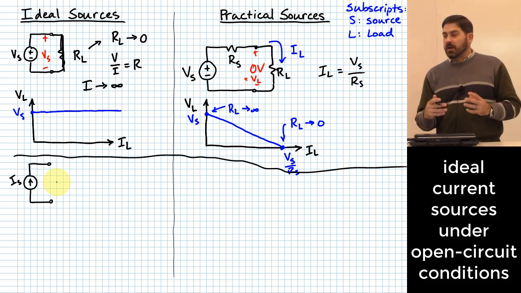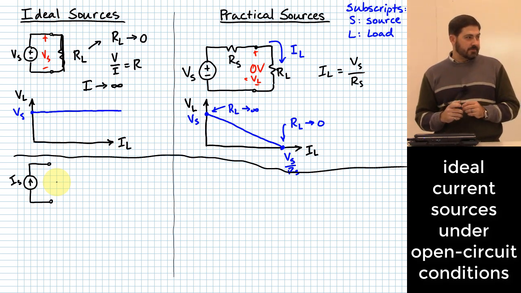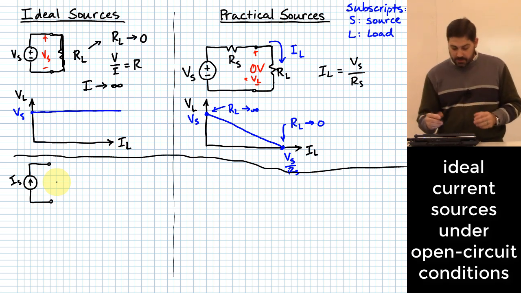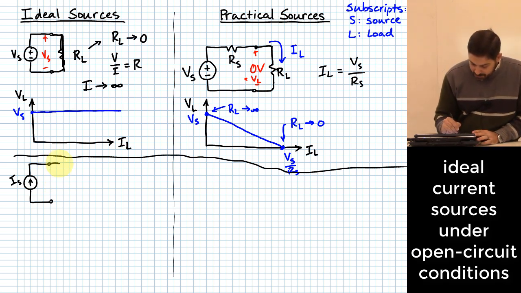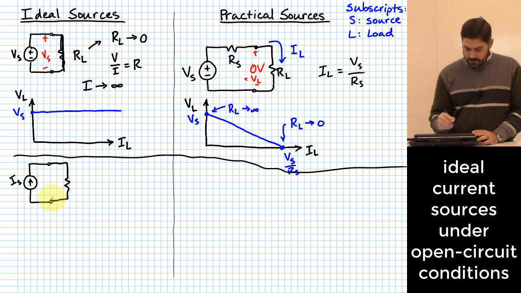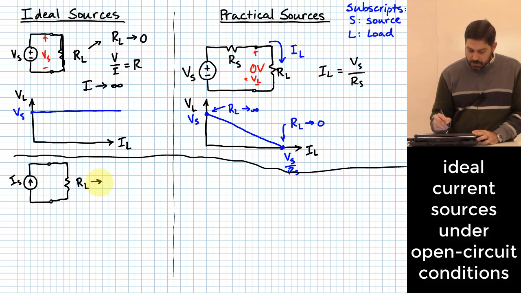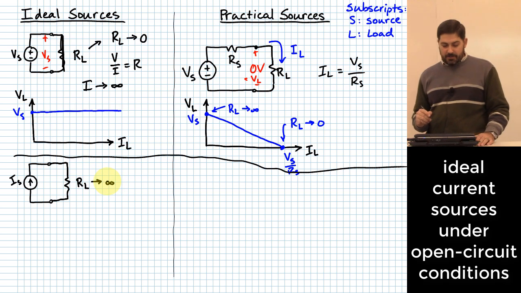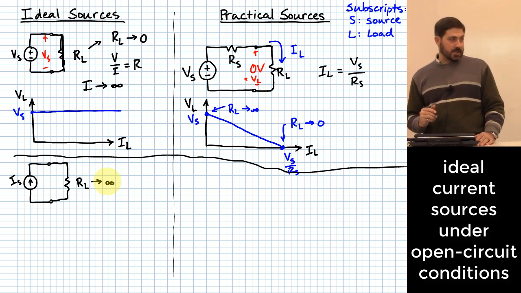So what will this current source try to do then? We can test what it will try to do based on thinking, what happens if I put a really big resistance right here? Let's say the RL that I put right here starts approaching infinity. It's not infinity yet, it's just approaching infinity.